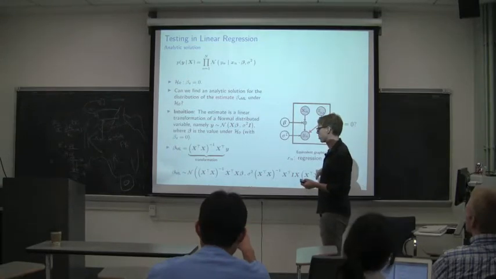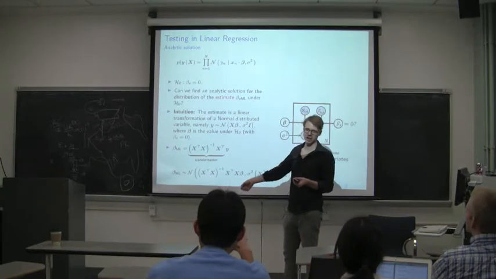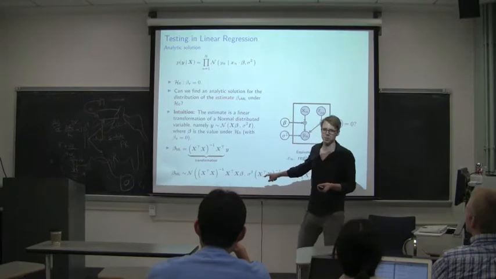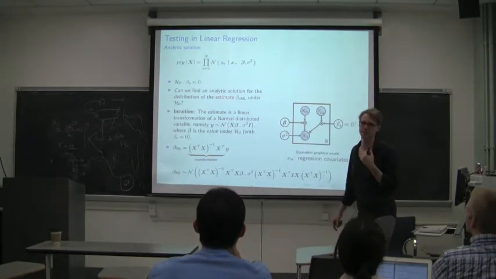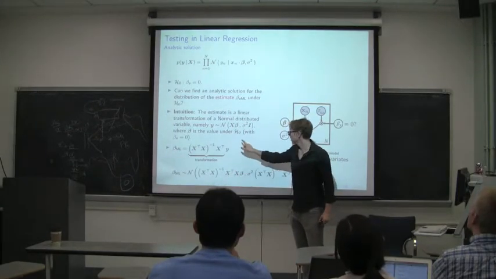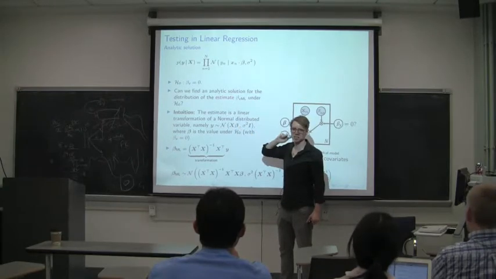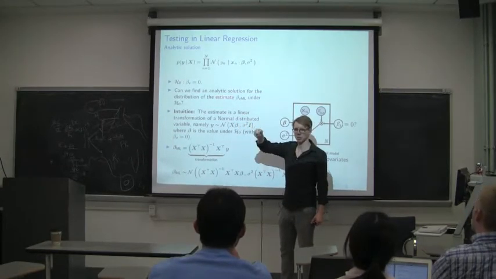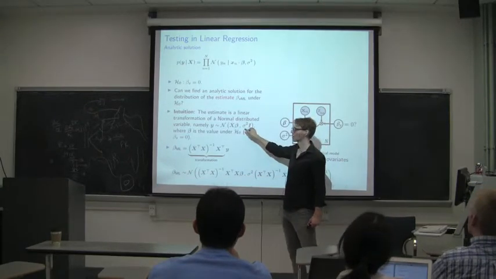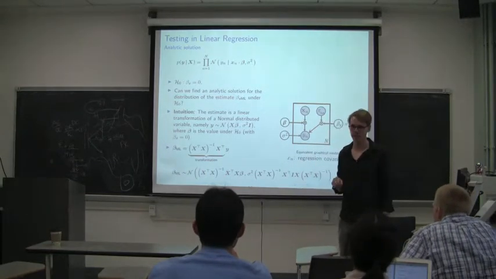We now compute the distribution of the maximum likelihood estimator under the null hypothesis, which means that one of these betas is 0, the one that corresponds to the one we're testing. So the mean of y under the null hypothesis is x beta, where one of the betas is 0, the one corresponding to that column in X. The variance is sigma squared times the identity. That's the null hypothesis.